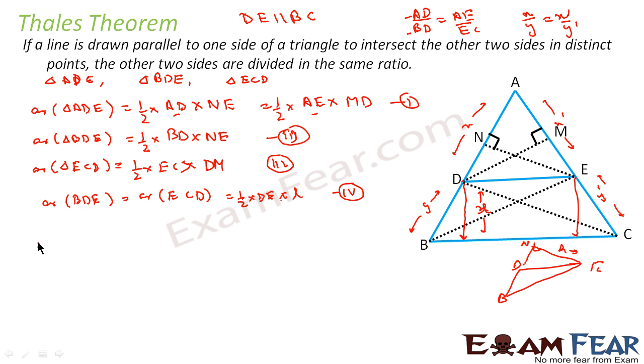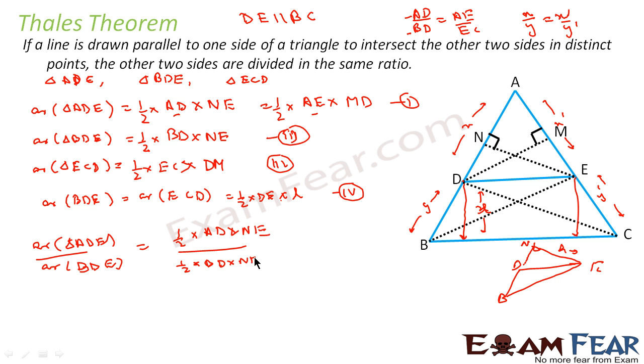So area of triangle ADE by area of triangle BDE, this is nothing but 1 by 2 AD into NE over 1 by 2 BD into NE. NE cancels, 1 by 2 cancels. This is nothing but AD by BD. This is the left hand side of my equation.